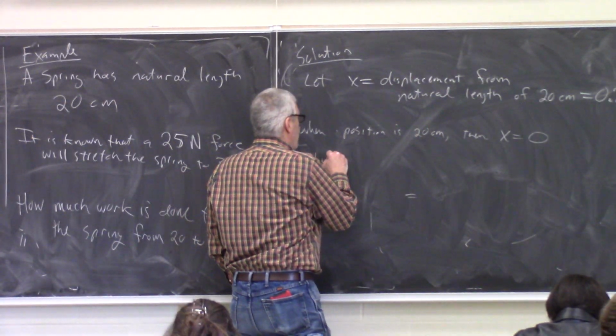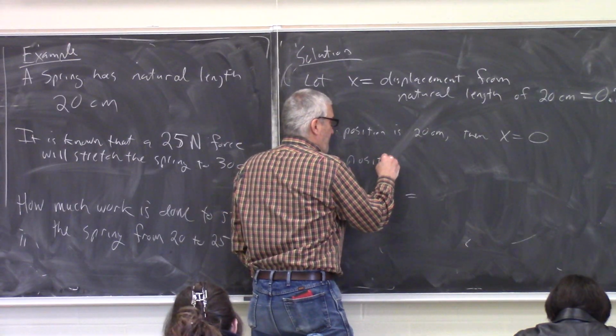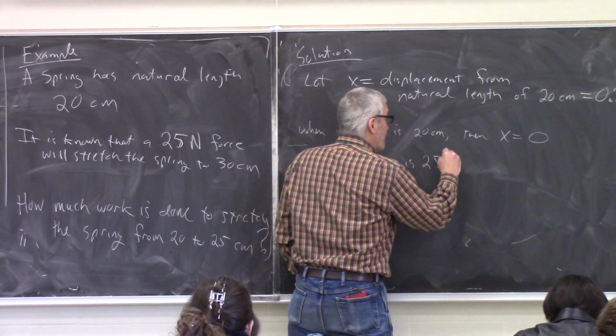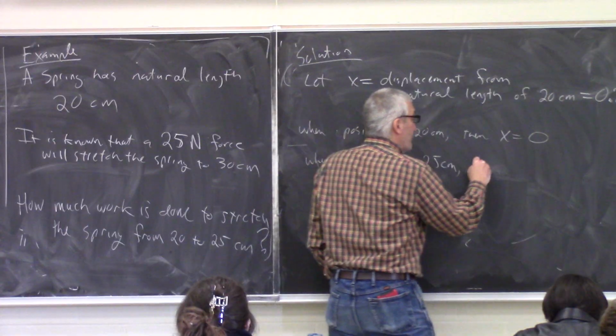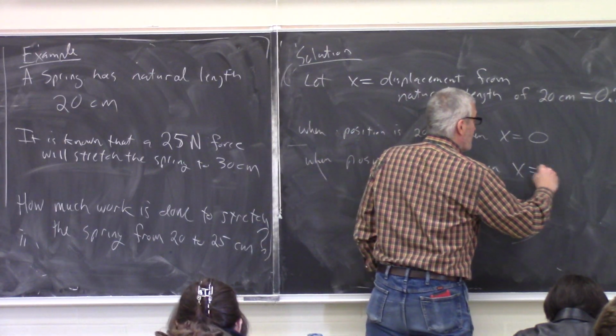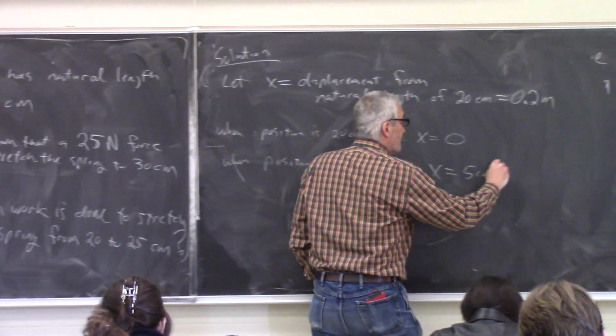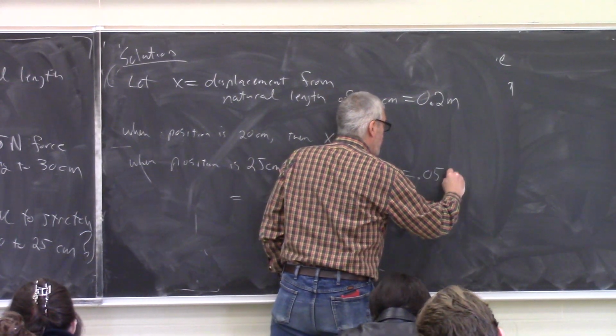When the position is 25 centimeters, then x equals 5 centimeters, which is 0.05 meters.